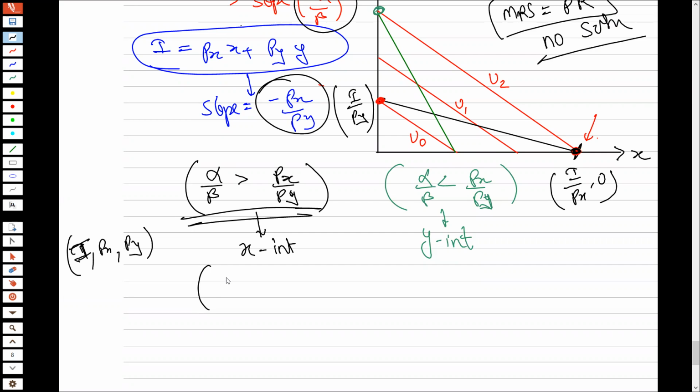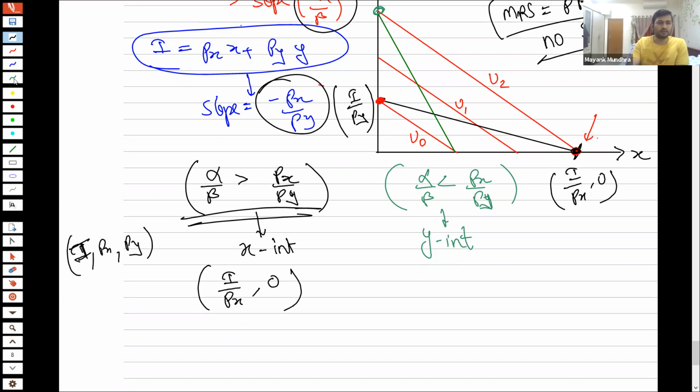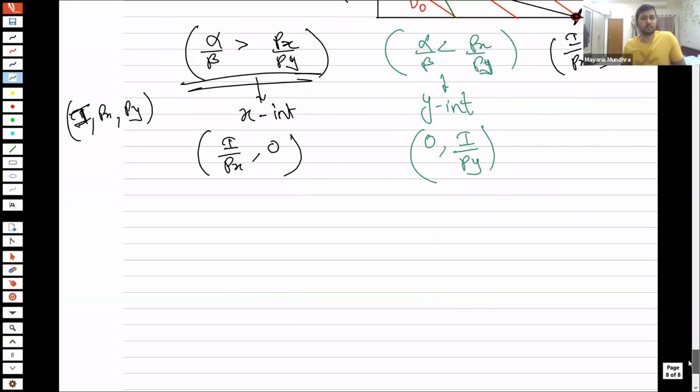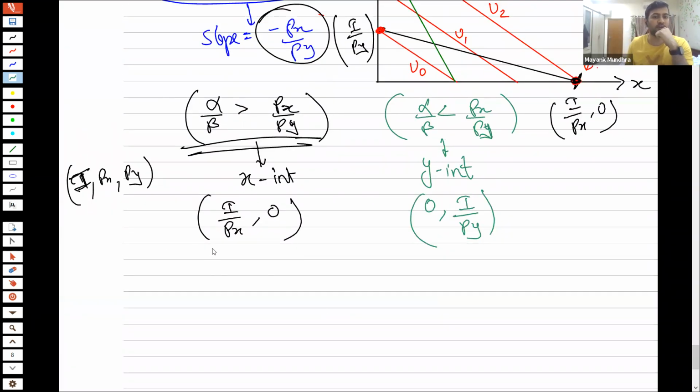Sir, I by px and 0. Okay, and continuing from here, Anuradha, what will be the consumption bundle on y-intercept? Sir, 0 and I by py. Very good, perfect. So that's going to be the consumption. So this is your x star y star if alpha by beta is greater than px by py, and this is your x star y star if this is true.